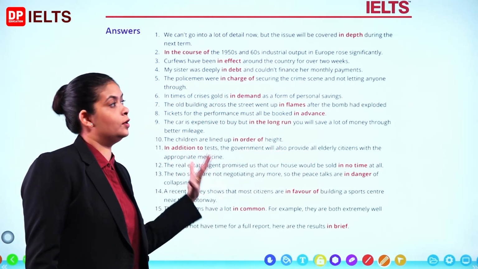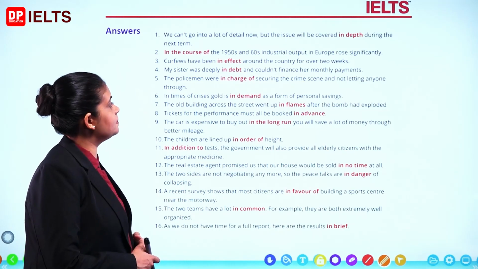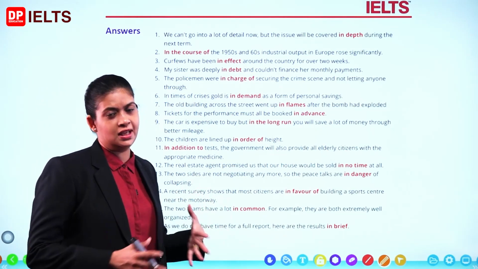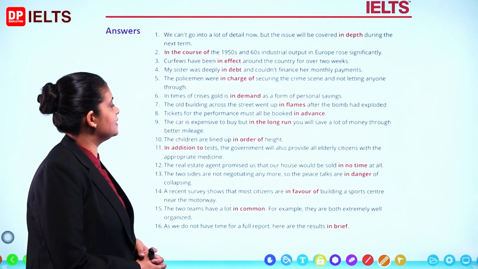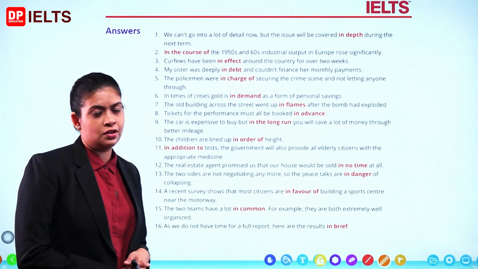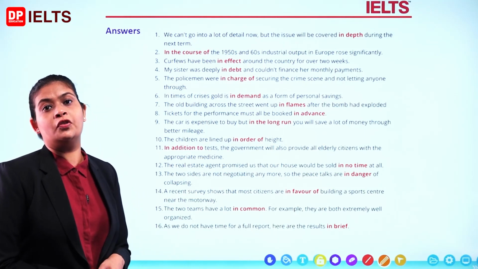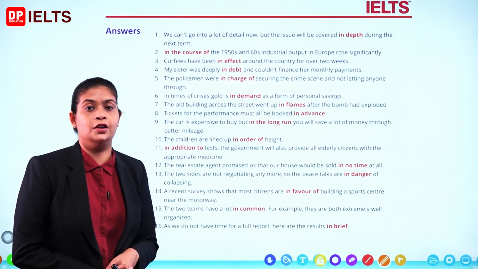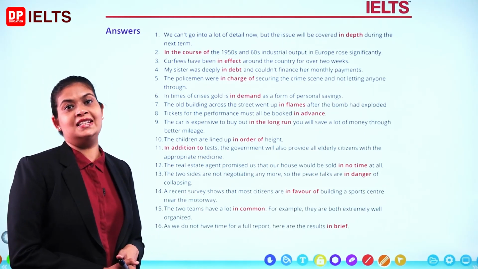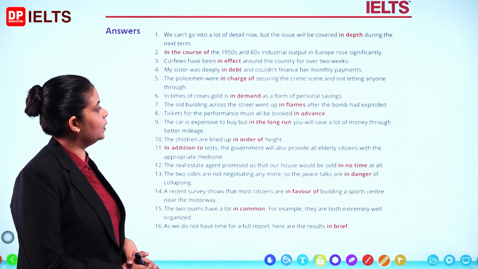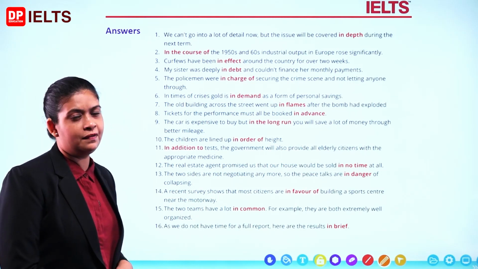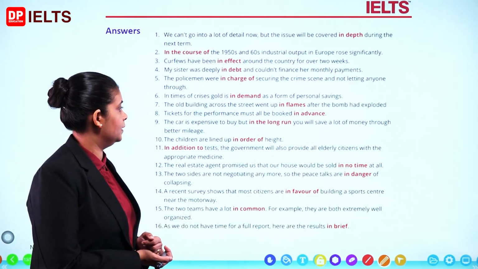That means you have to pay a lot of money. The policemen were in charge of, they were taking the leadership. In times of crisis, gold is in demand. So when there are a lot of problems, people don't have money, then gold comes quite in handy. The old building across the street went up in flames. Up in flames means it burnt.